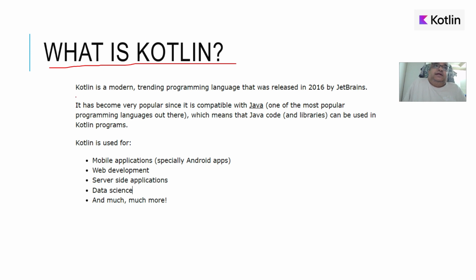What is Kotlin? Kotlin is a modern, trending and new language. It's not like Java or Python or C++, which are maybe 20-25 years old. This language is quite new and was released in 2016 by JetBrains.